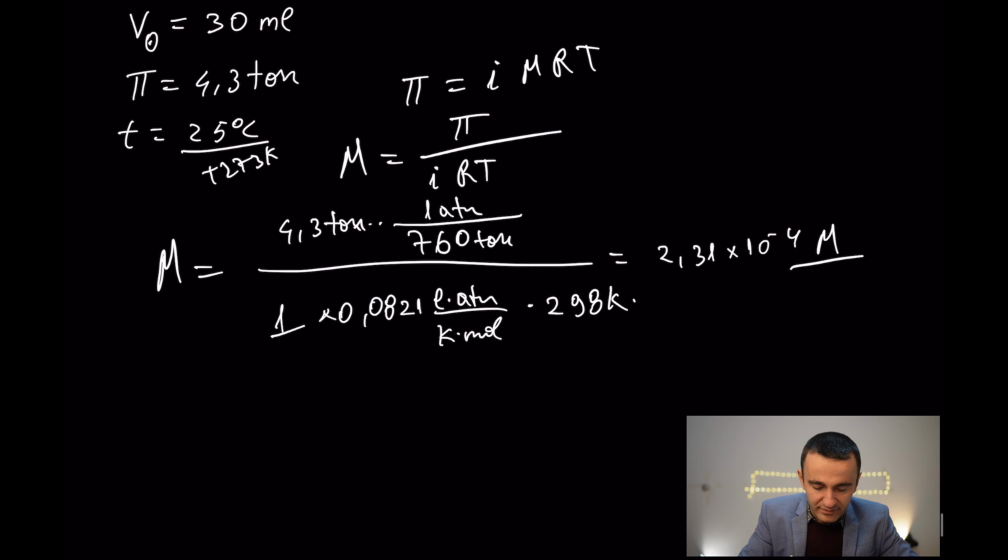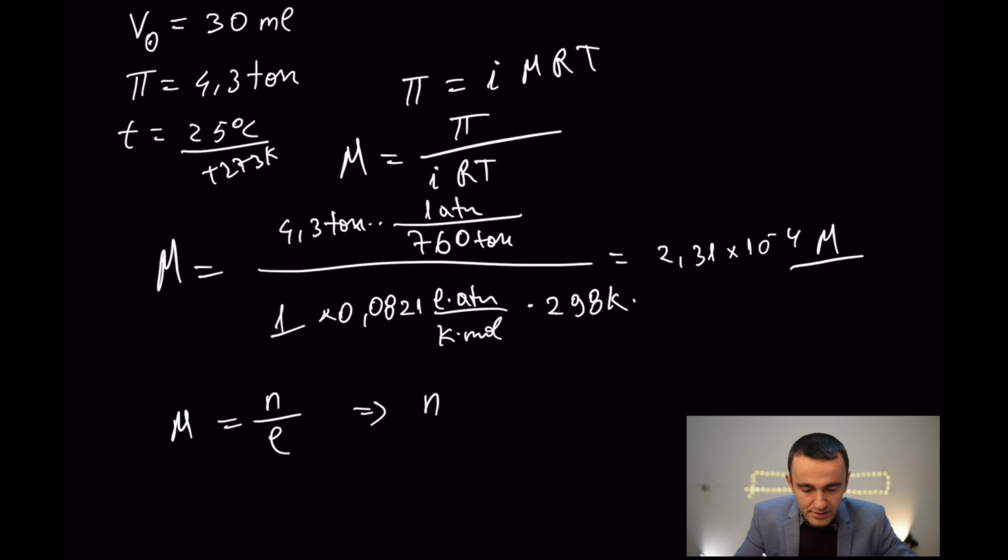But we know that molarity itself is number of moles per liter of the solution. So here we can find number of moles of the protein that is contained on this volume of the solution that is given here.